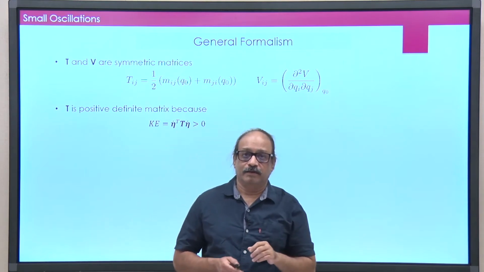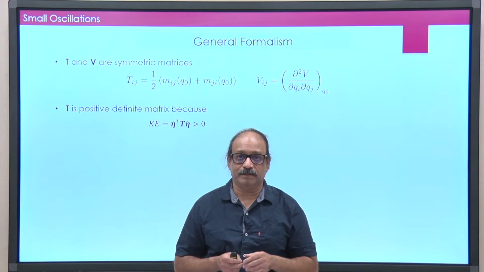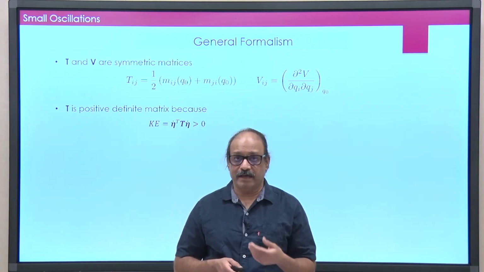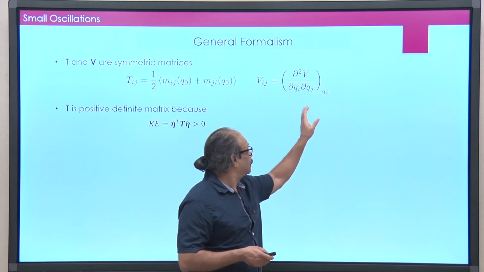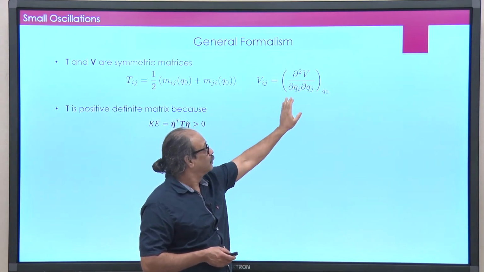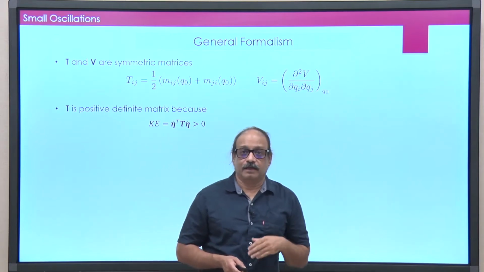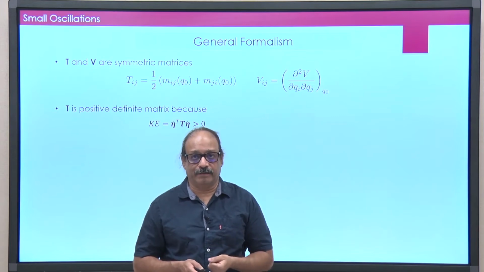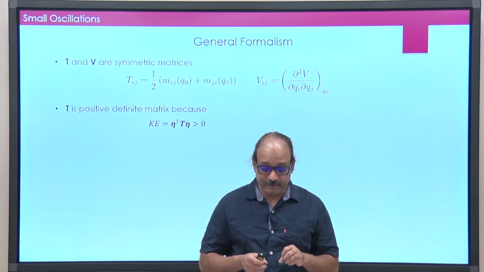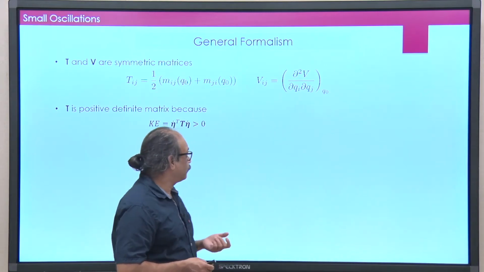As long as V is sufficiently differentiable and continuous, I know that the order of partial derivatives can be changed, and this in fact is exactly the same as the partial derivative of V with respect to Qj and then Qi. Fine. So, V is also a symmetric matrix. Now, something else that happens is that the T matrix is a positive definite matrix.